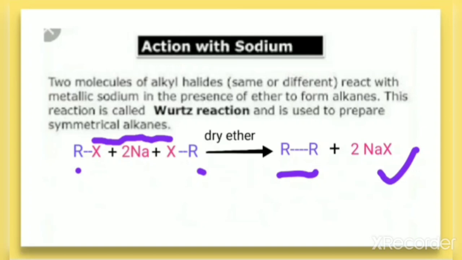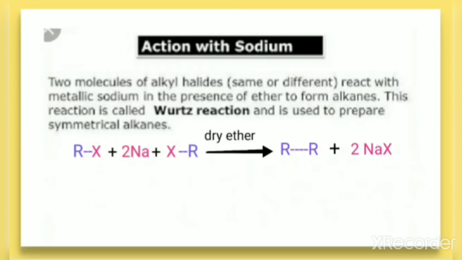The same equation you can write with CH3X. If I am taking R as CH3, X can be taken as Cl. So our product formation will take place in this way.